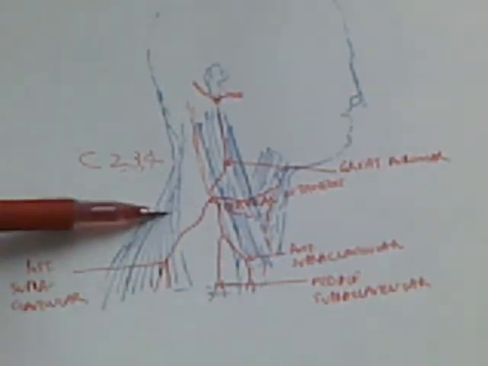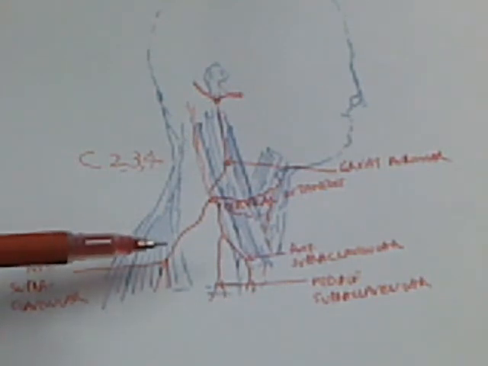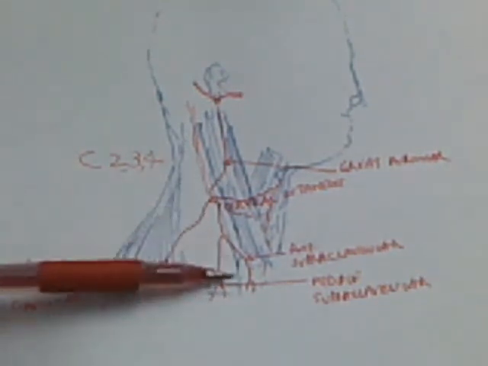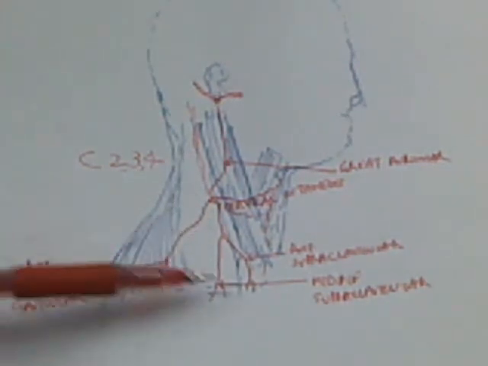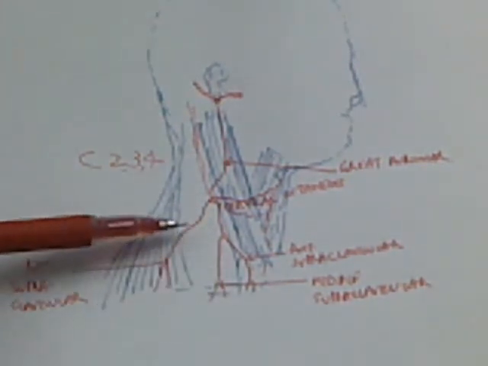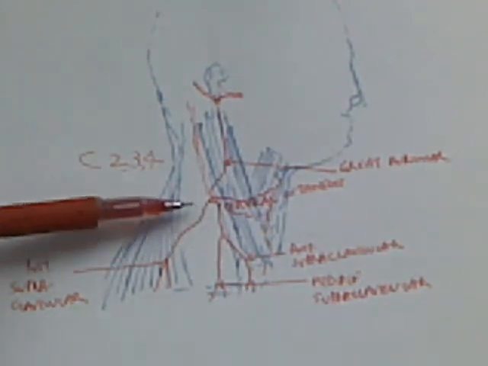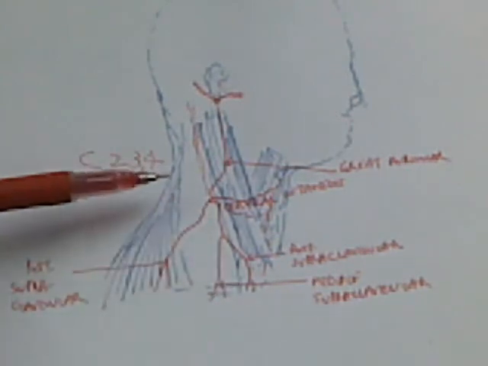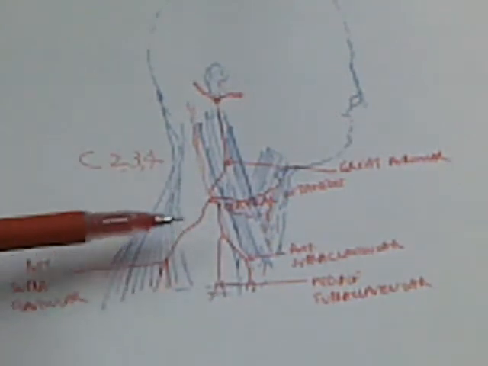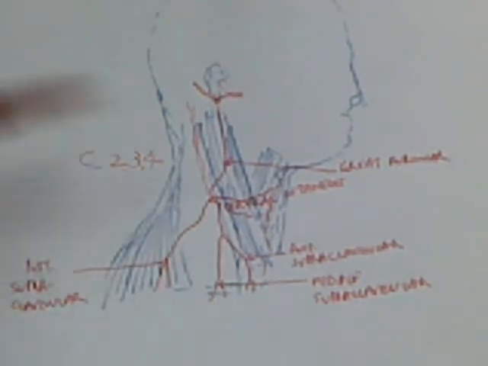Here is the posterior triangle, and they descend in the posterior triangle of the neck beneath the platysma and deep cervical fascia.